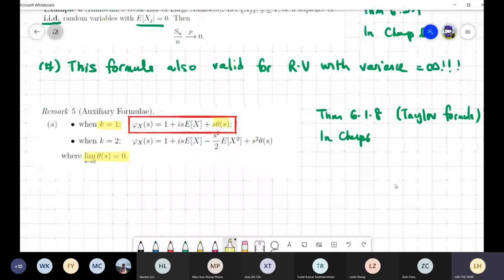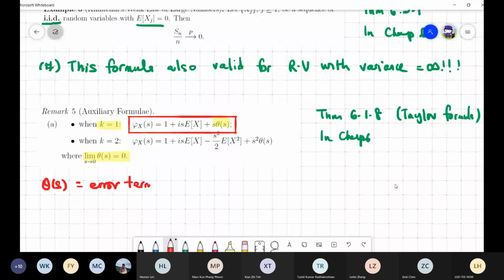In the language of calculus, this θ is actually the error term for the Taylor approximation.